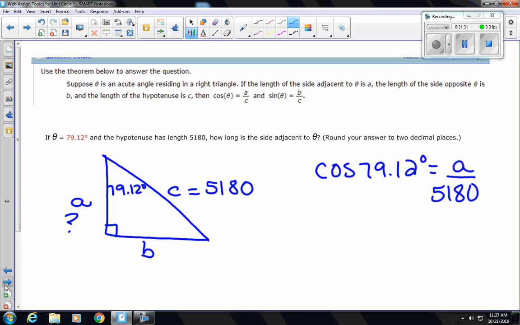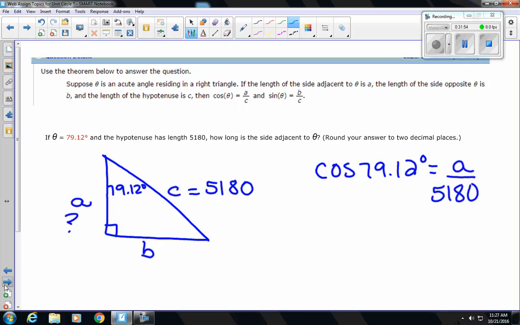Okay, you need to know something about your calculator, though, before you get started. First, you got to be in degree mode. Second is this. When you hit the cosine key and you open up one left-hand parenthesis, put in your 79.12 and close it. Then multiply it by 5180.